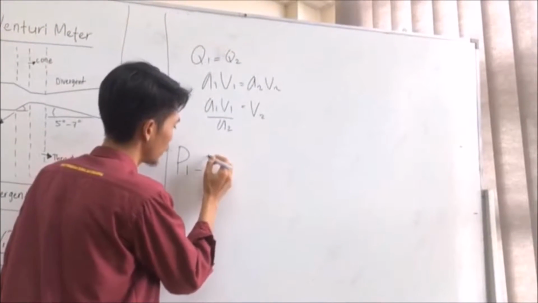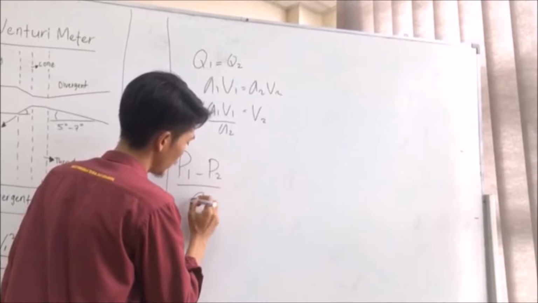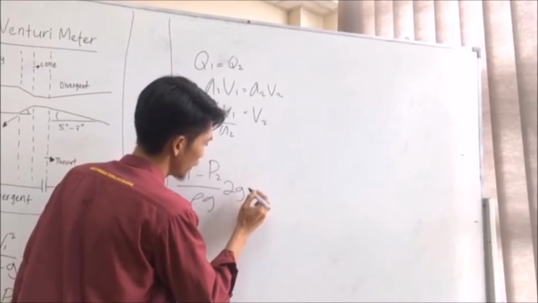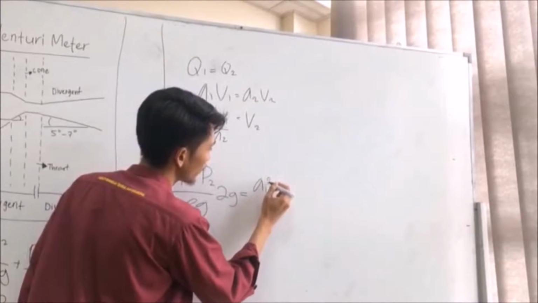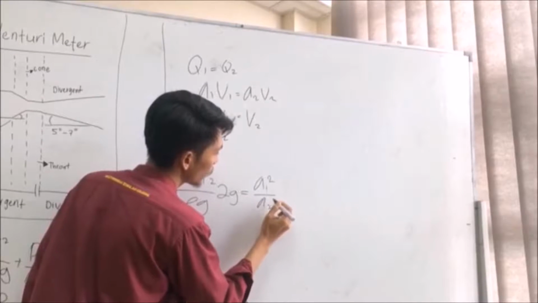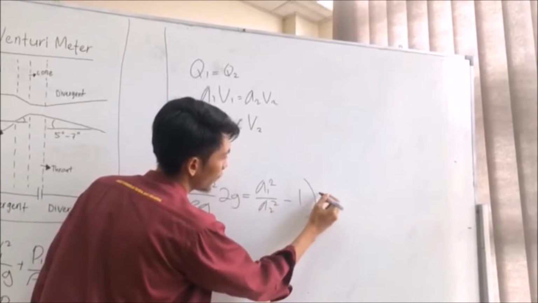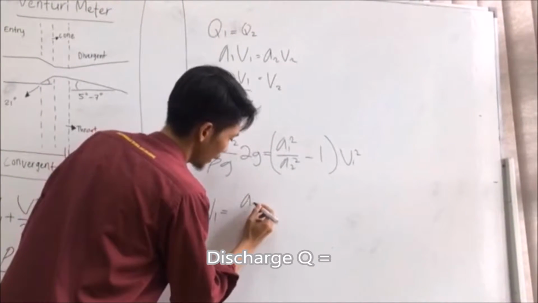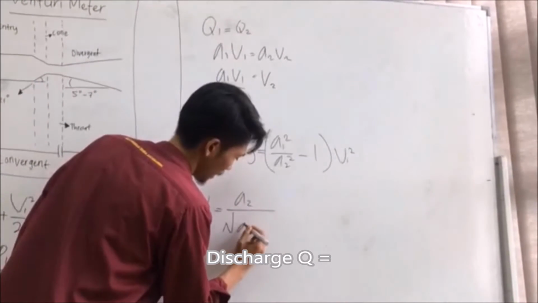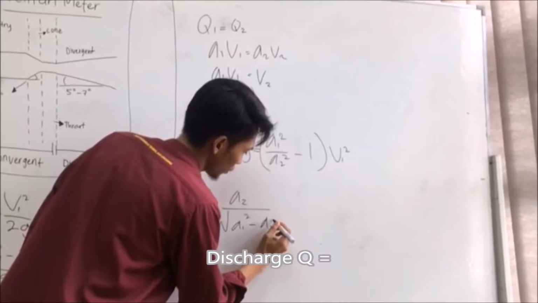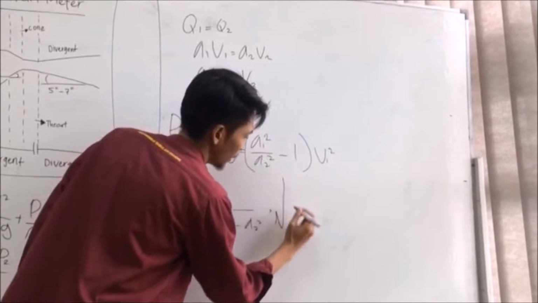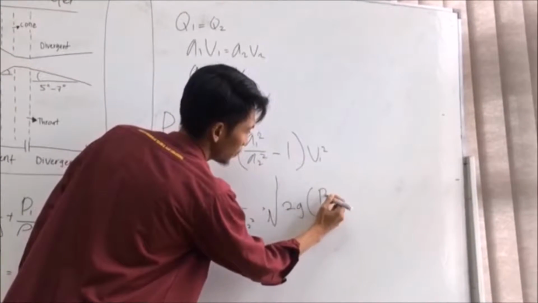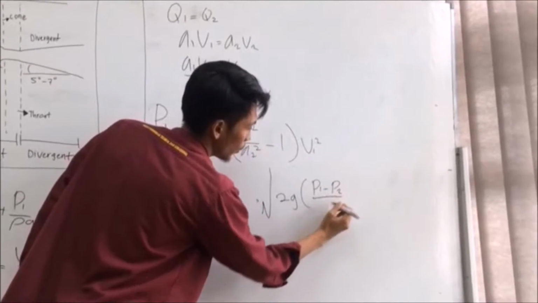P1 minus P2 over rho g times 2g is equal to A1 squared over A2 squared minus 1, multiplied by V1 squared. So V1 is equal to A2 over the square root of A1 squared minus A2 squared, multiplied by 2g times P1 minus P2 over rho g.